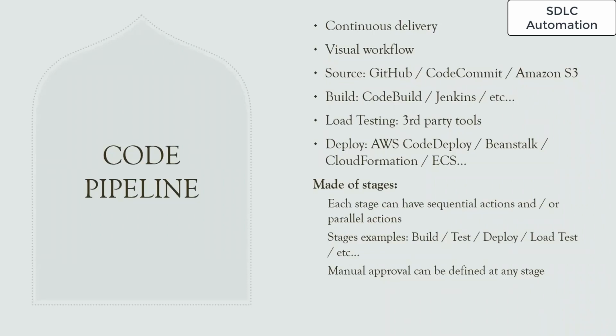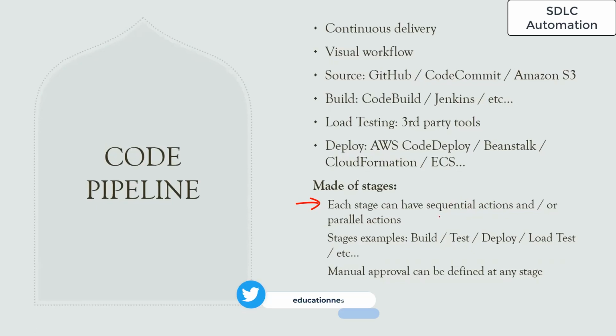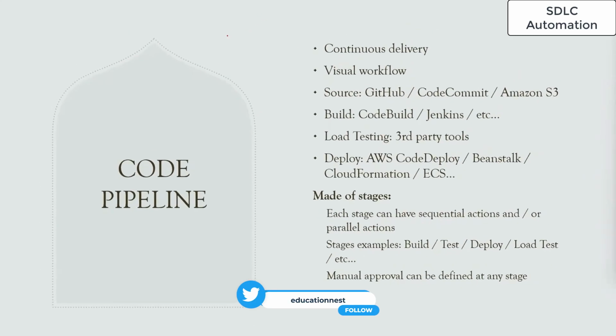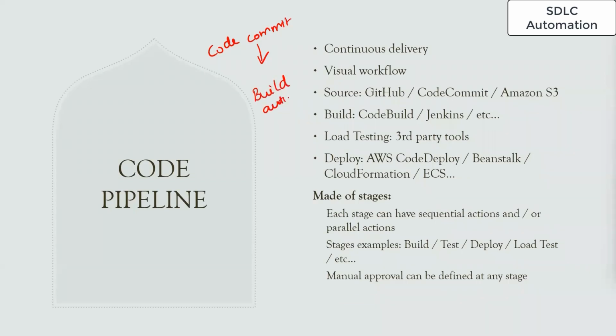Now, this CodePipeline will have a series of stages. In each stage, it defines what will happen. Inside each stage, it can have a sequence of actions, or it can also have parallel actions. For example, I'll tell you a scenario. If I do a new code commit to my GitHub repository, I want to run the code build automatically.